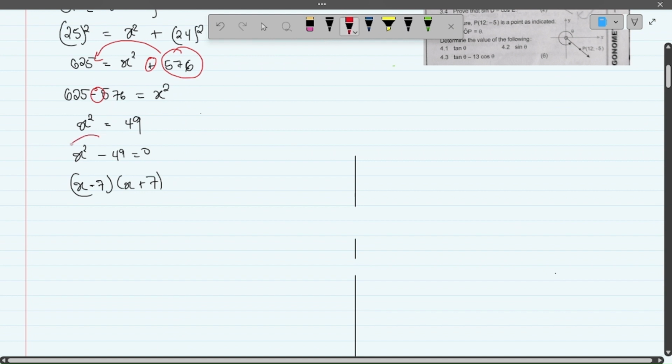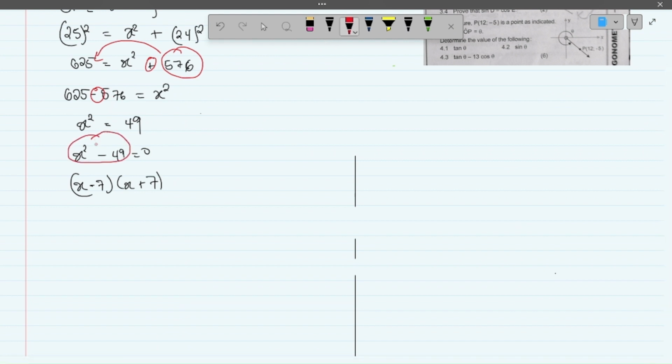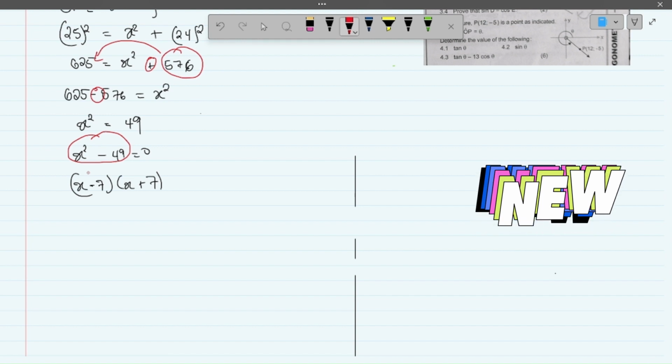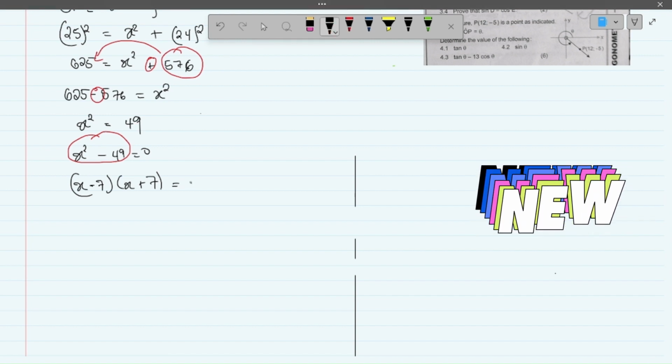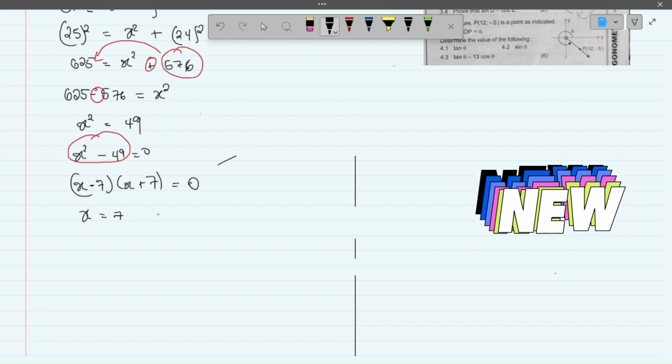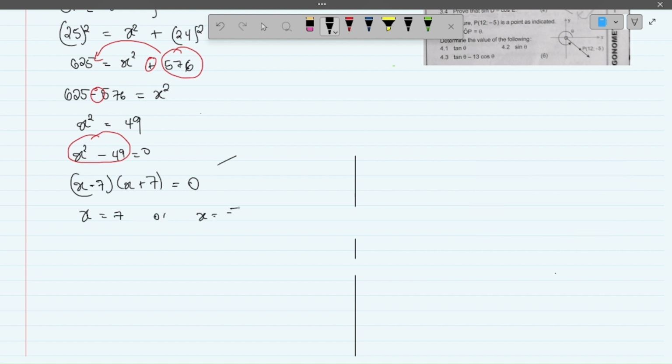This binomial is a difference of two squares because X squared is also a perfect square. So now we solve: either X is 7 or X is minus 7.